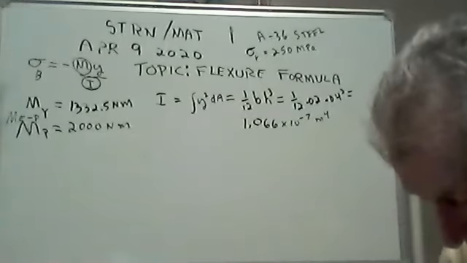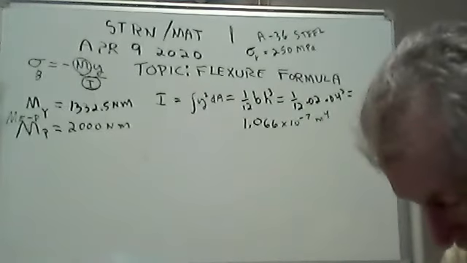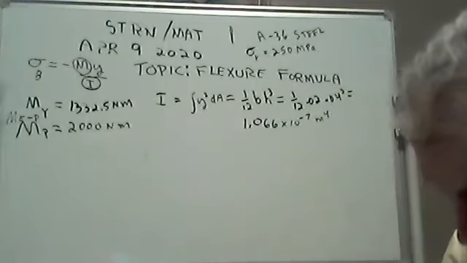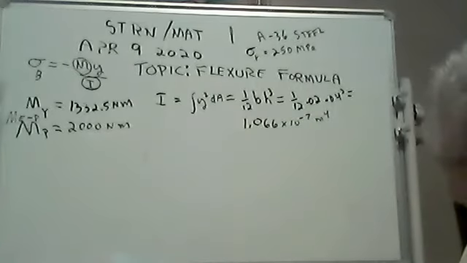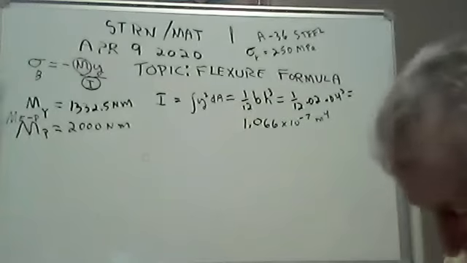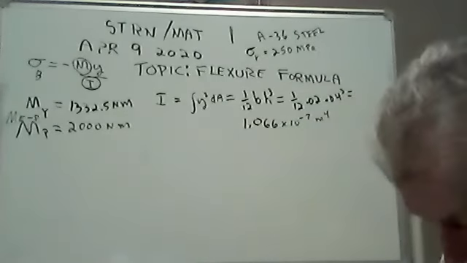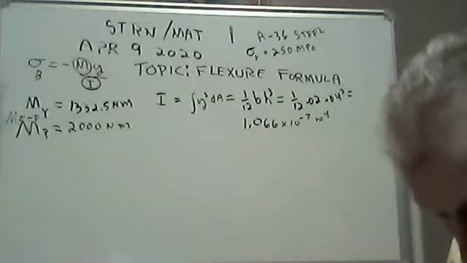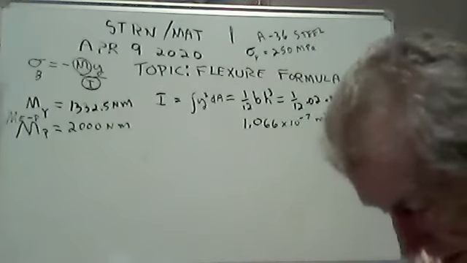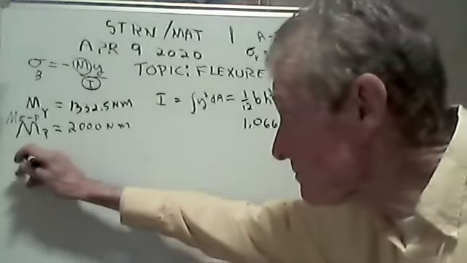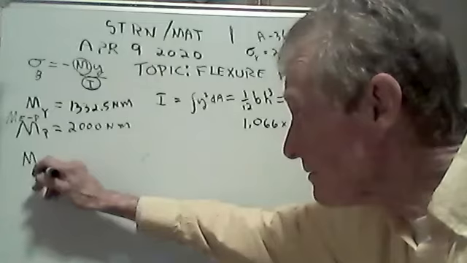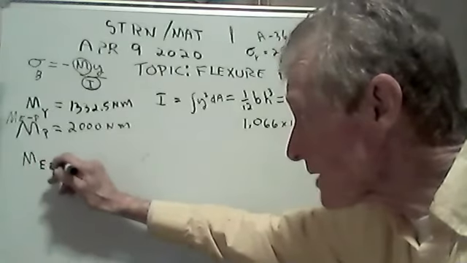Let's see if I can find it here. Just let me shop around a minute here. It'll be in the section on inelastic. They call it inelastic. And here's the equation for elastic plastic torque.